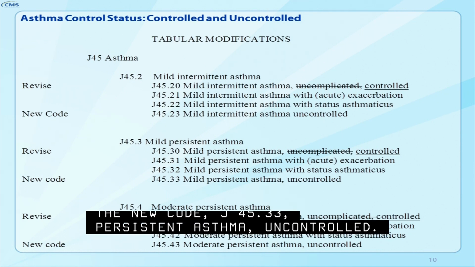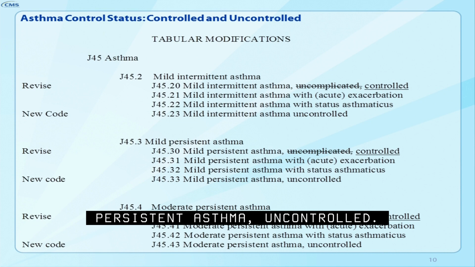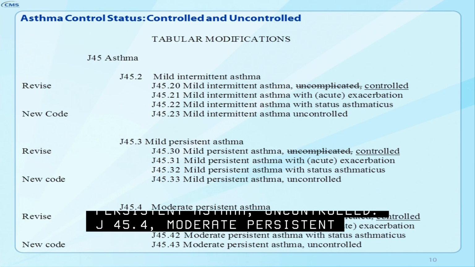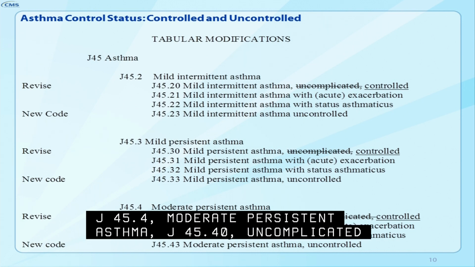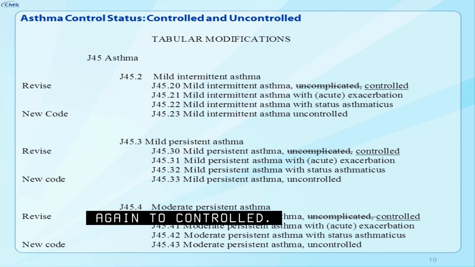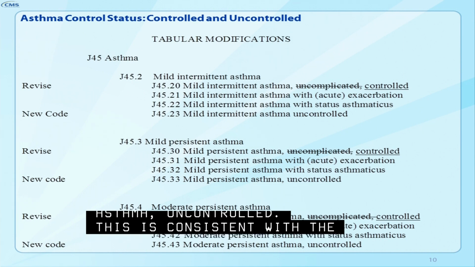J45.4, moderate persistent asthma. J45.40 is uncomplicated again to controlled, and J45.43, moderate persistent asthma uncontrolled. So again, this is consistent with the modification request that has been submitted. Questions and comments?